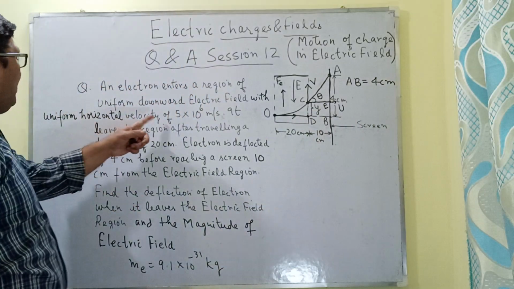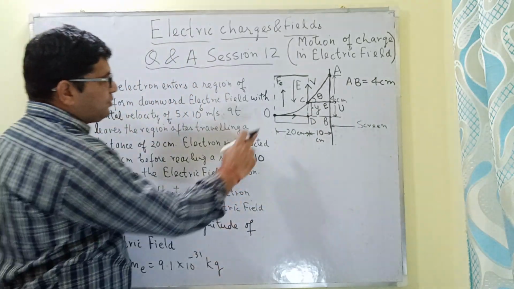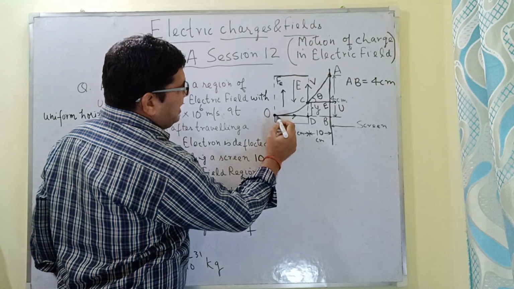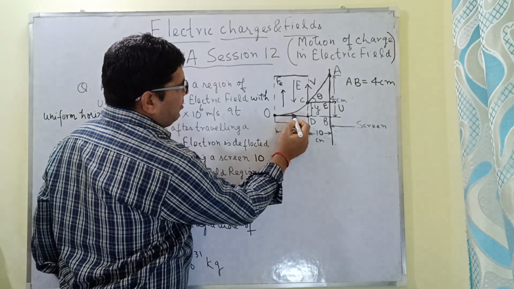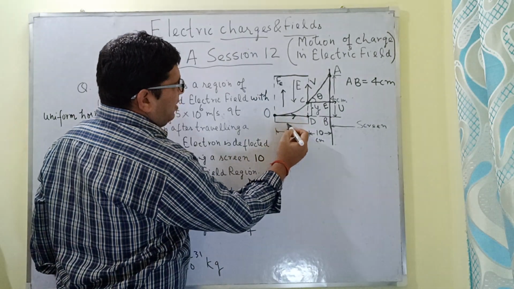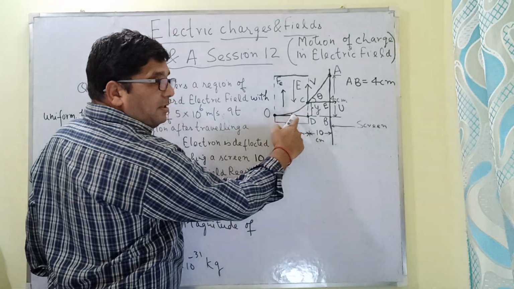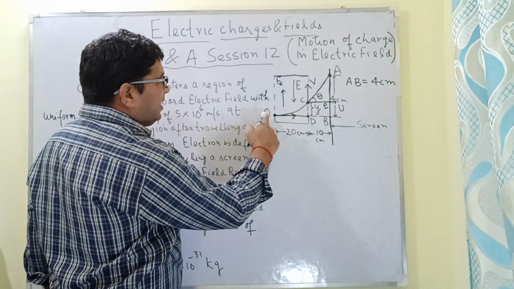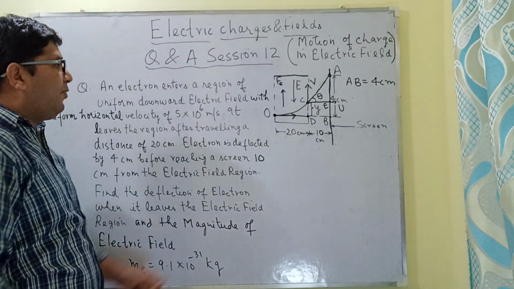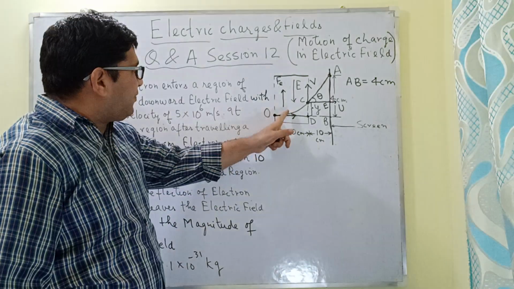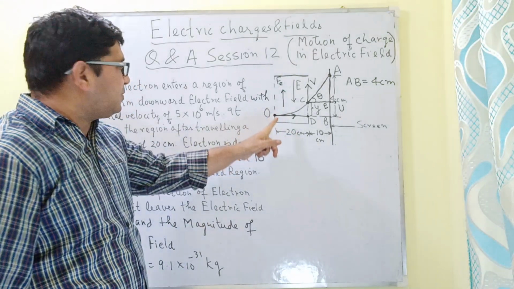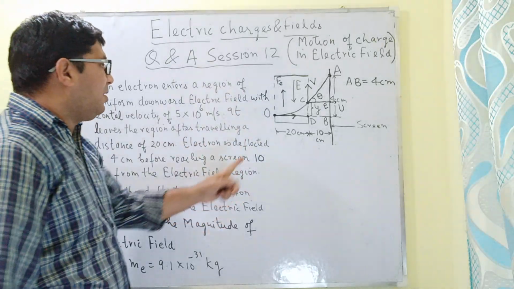The electron is moving with a uniform horizontal velocity, so it enters this field in this direction, which I have already marked with an arrow. When it enters the electric field, the vertical component of its velocity is 0.